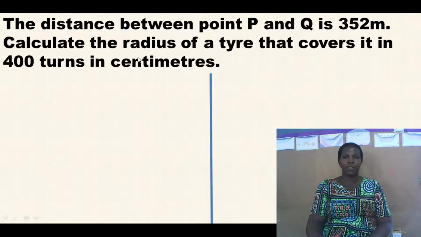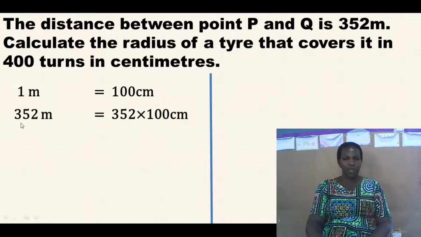Remember, you looked at conversion of units right from primary 4, and your teachers taught you that 1 meter is equal to 100 centimeters. We need to change the 352 meters into centimeters.